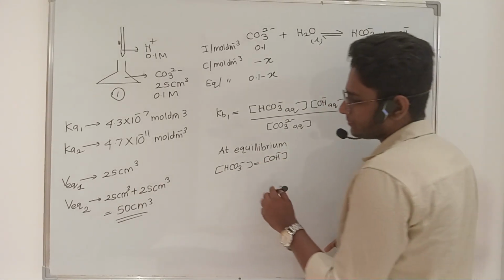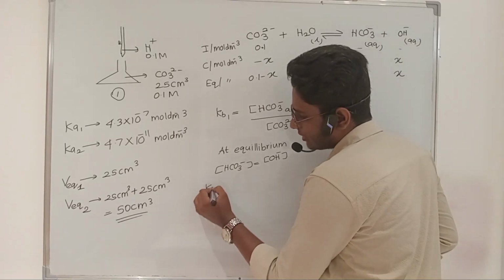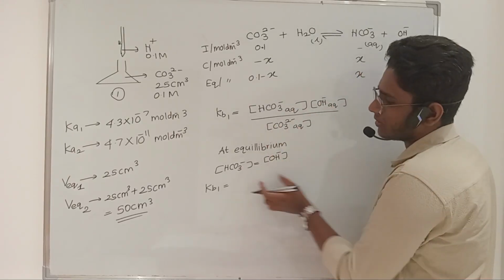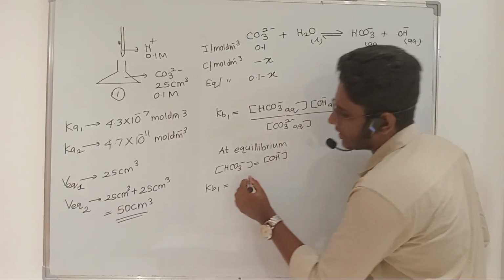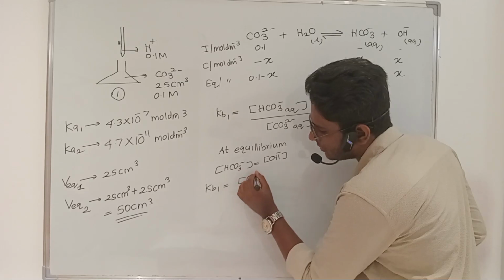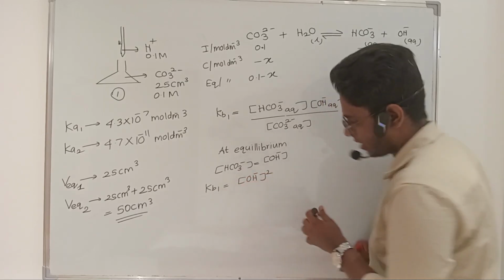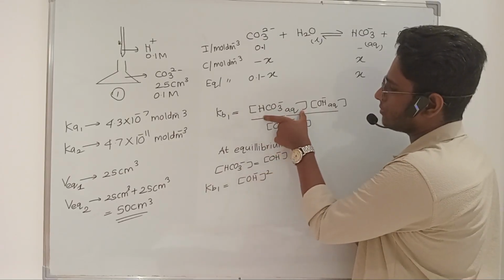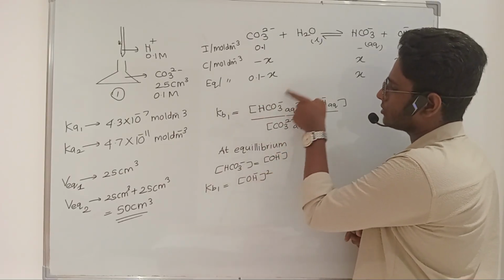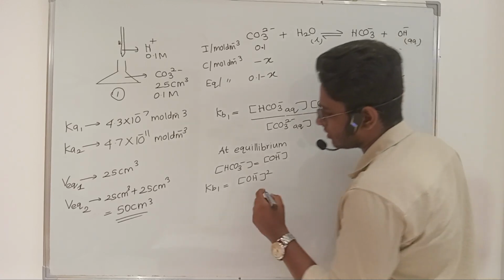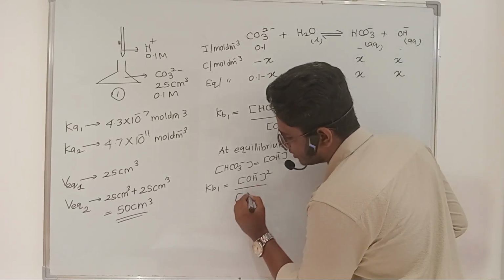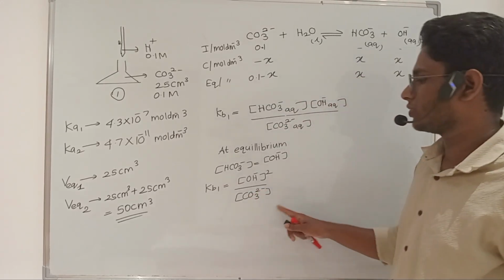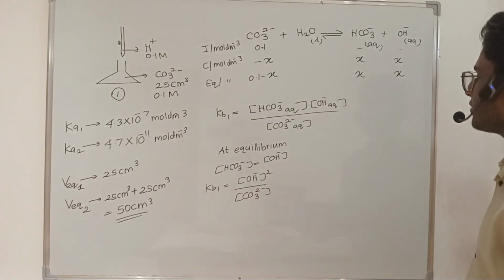So Kb1 is equal to the concentration of bicarbonate, which I can write as OH minus, so OH minus into OH minus is OH minus squared over the carbonate concentration, right? Now before going into the question, you have to find Kb1. So how can you find Kb1?